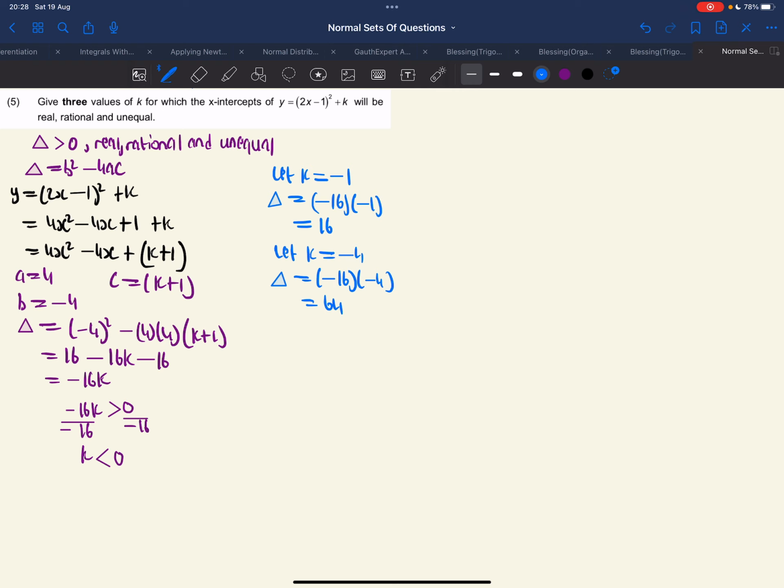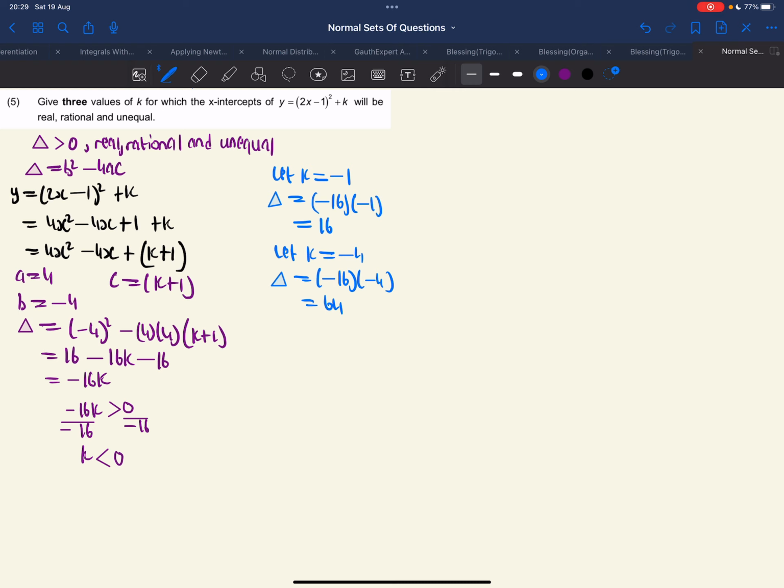Let's try -16 times -6, we get 96. No, it doesn't work. Let's try -7, it won't work. -8, it's not working out. Now -16 times -9, yes, 9, because -16 times -9 gives 144, and the square root is 12.